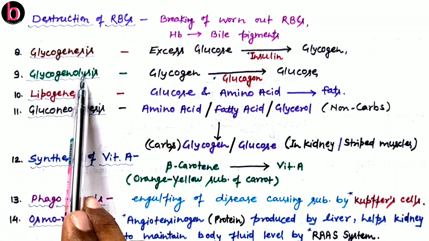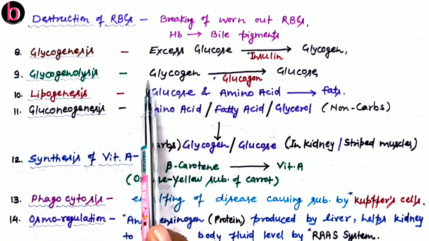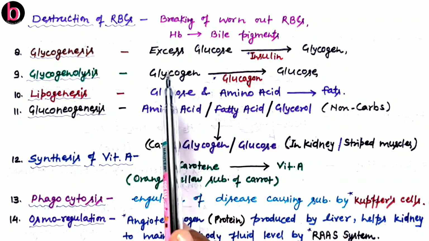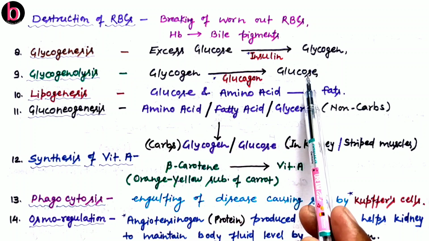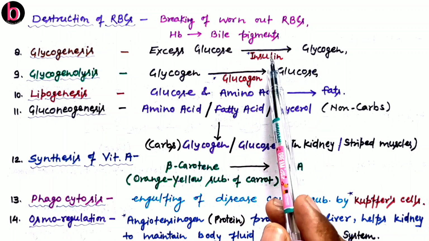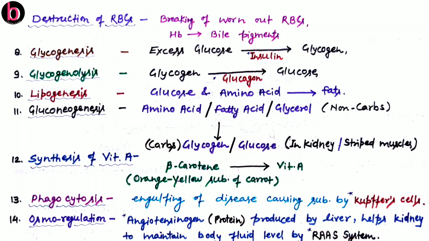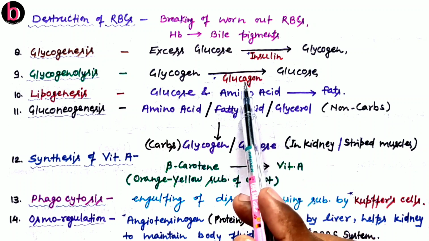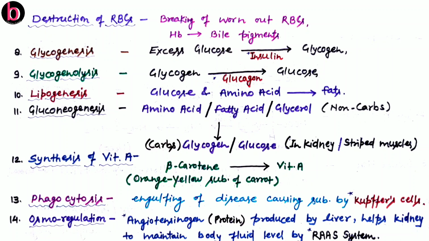Here glycogenolysis is about glycogen to glucose, complex sugar to simple sugar, polysaccharide to monosaccharide. So both these hormones, here one thing that is very important, insulin and glucagon, they are functioning in an opposite way. Such types of hormones are known as antagonistic hormones. So insulin and glucagon, they both are antagonistic in nature.